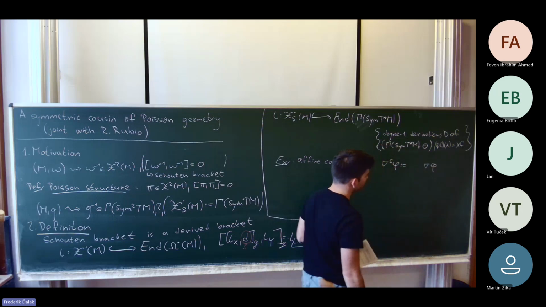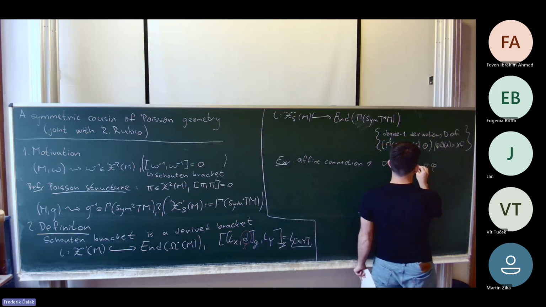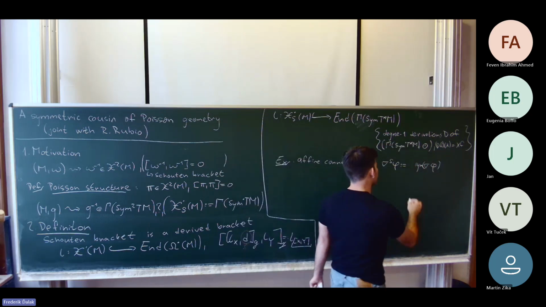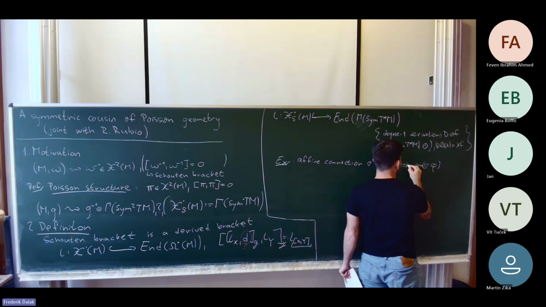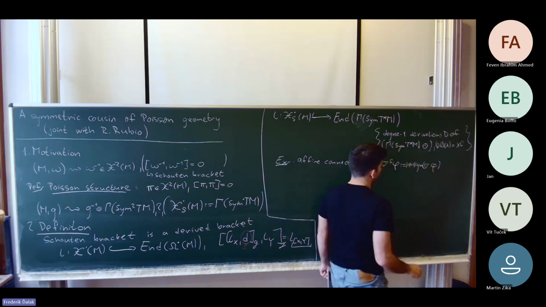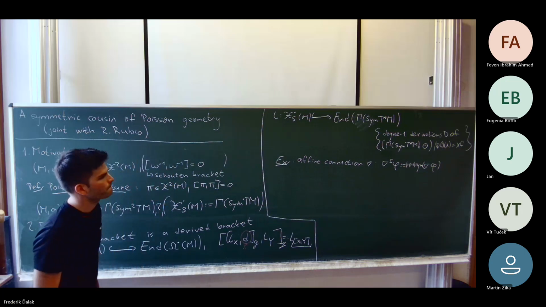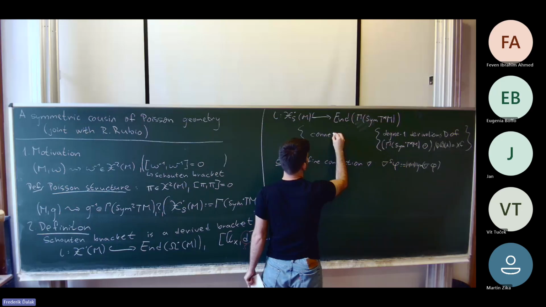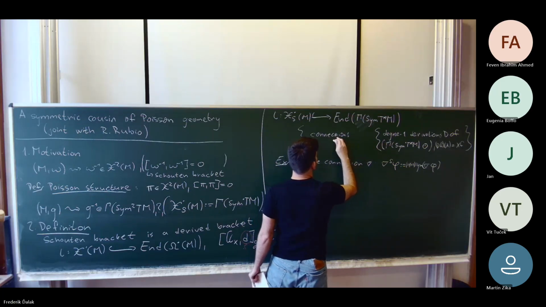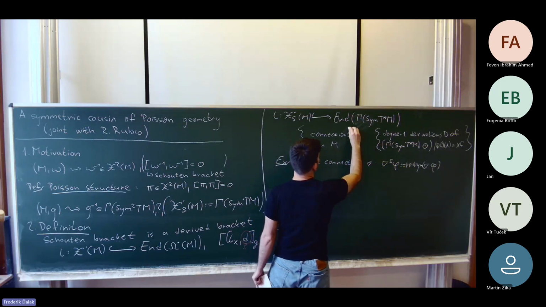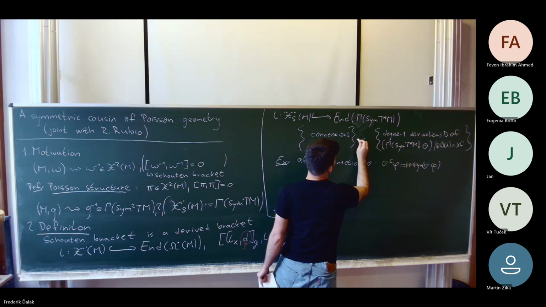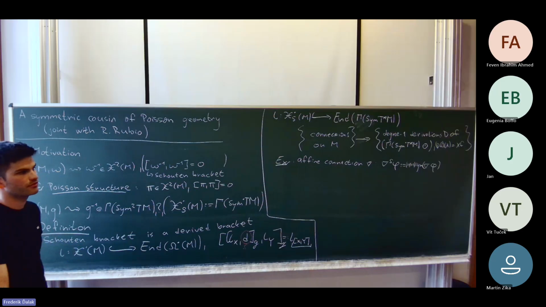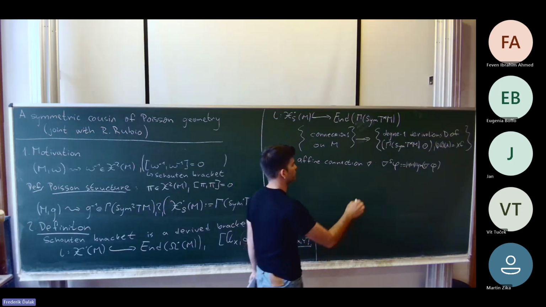First you increase the degree by 1 using the connection, then you symmetrize it because you want to obtain a symmetric form, and then there's an integer factor which ensures that you really have a derivation of your algebra. This gives a map from the set of connections on the manifold to these operators, and what you can check, which requires some calculation, is that this map is actually surjective.